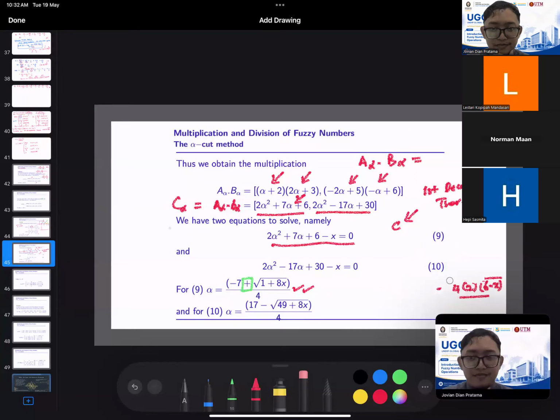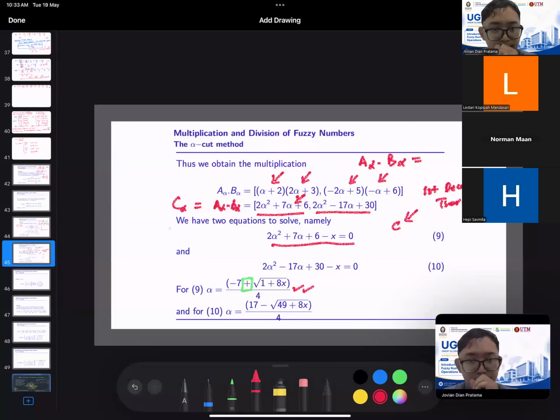Because you must be very careful. The notation plus or minus, the operation plus or minus, you need to choose correctly, either plus or minus. Otherwise you cannot get the answer, or your answer is wrong.